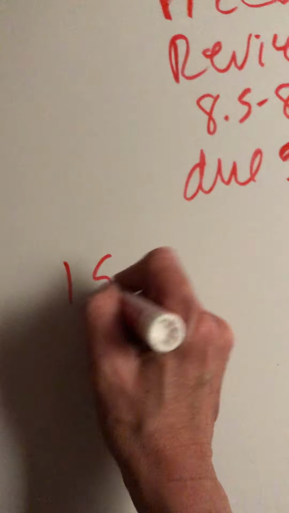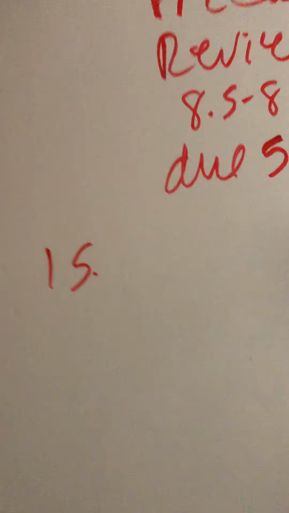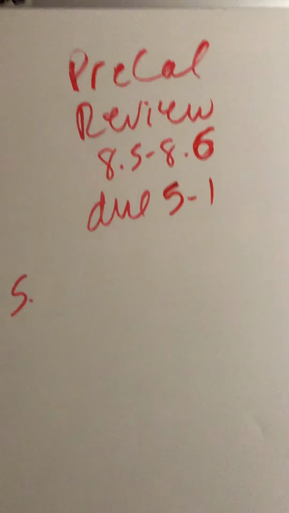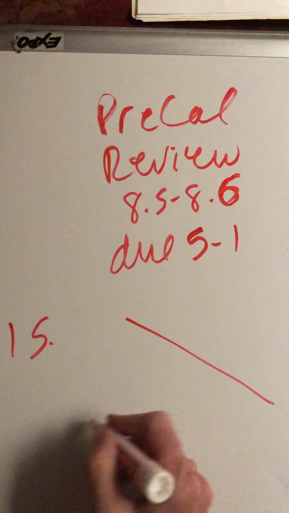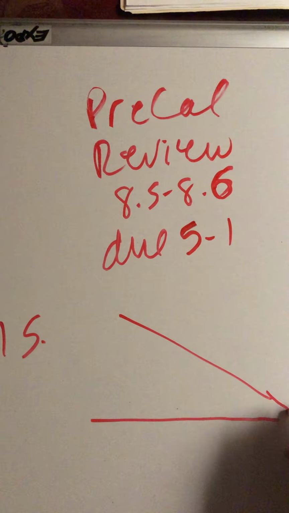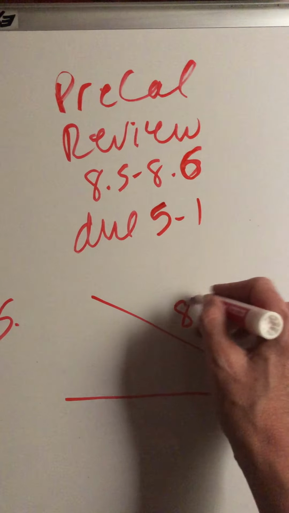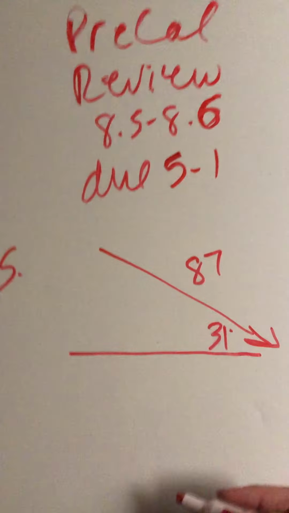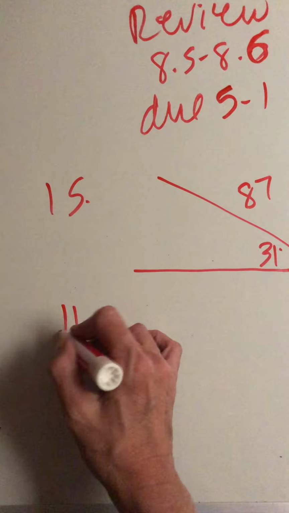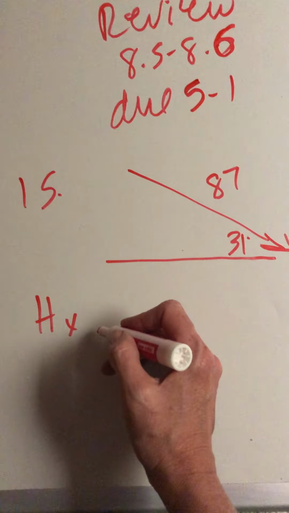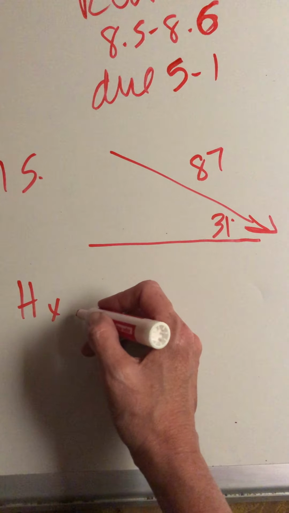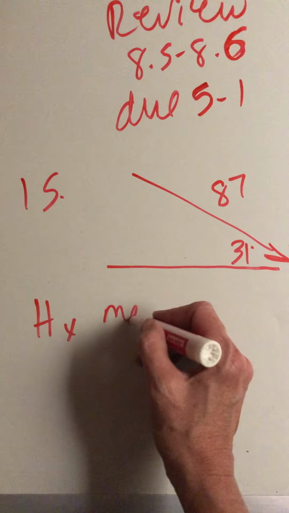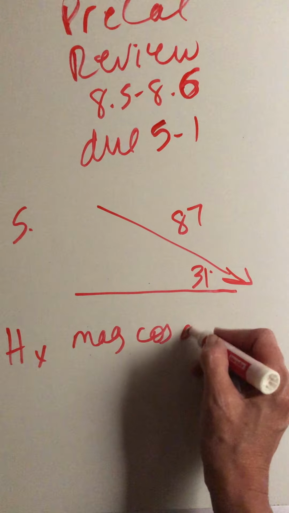Then number 15. This is drawn for you. This is 87 and this is 31 degrees. And we want the horizontal and vertical components. So your horizontal component, that's your x. That's why I always put an x by it. Remember, that is your magnitude times the cosine of the angle.